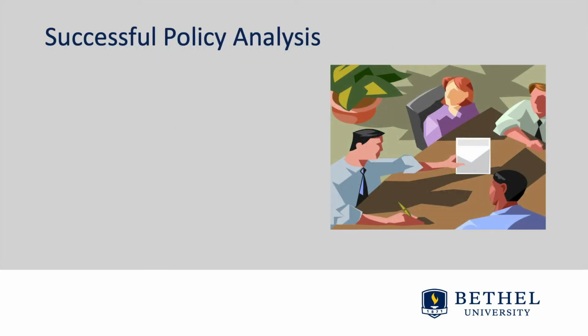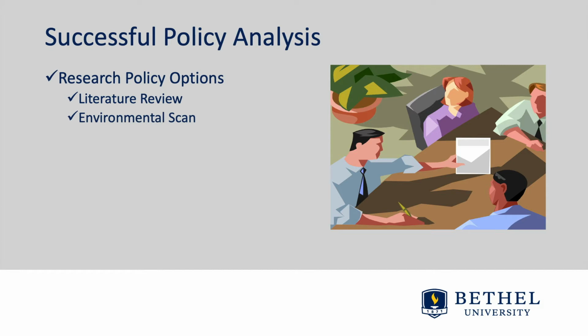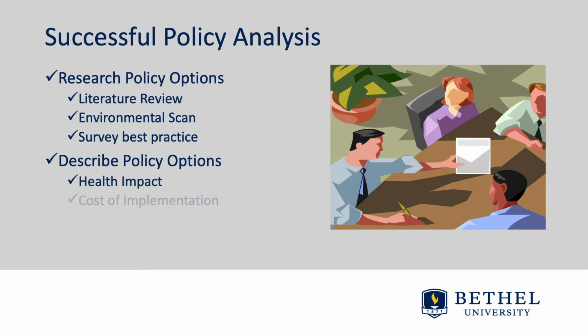There are a number of steps that you need to take to be successful at analyzing health policy. First, you will want to identify possible policy options by doing a little research of the literature, scanning the practice environment, and by surveying stakeholders on best practices. Next, you will want to describe and document possible policy options, including their health impact, cost of implementation, and feasibility.